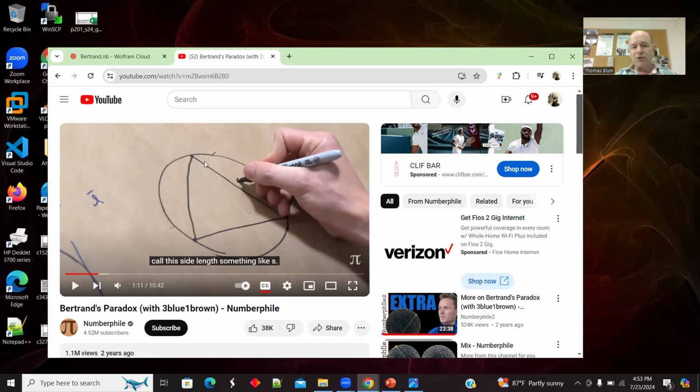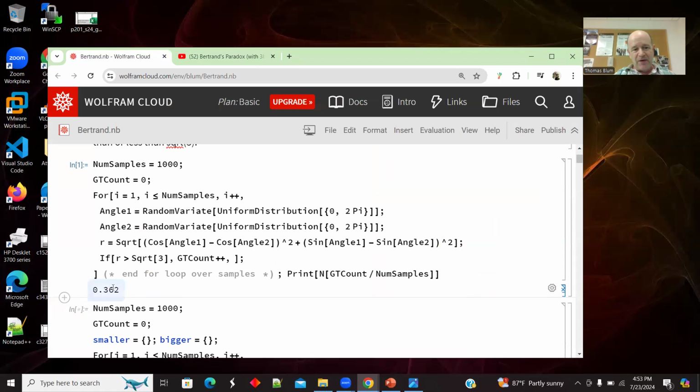The equilateral triangle breaks up the circumference into thirds, and if the other point is on the bottom third, farthest away from this point, then that distance will be larger than a side, and otherwise it will not. So from this way of constructing your chords, you're expecting an answer of 1/3, and the simulation is getting close to 1/3.